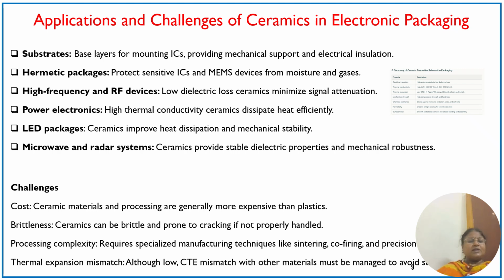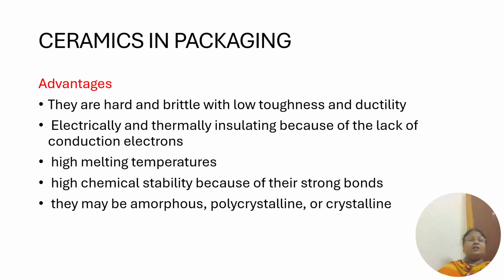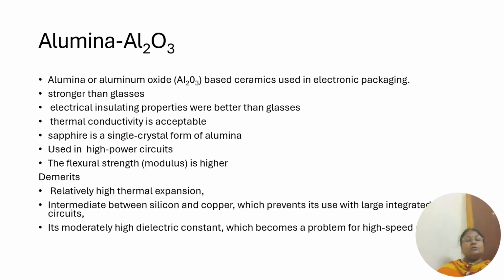If you take the challenges: cost, brittleness, processing complexity, and thermal expansion. If these challenges are overcome, then ceramic is going to be a unique material which can be used for packaging units. So these are the advantages it possesses, and alumina is going to be the second material.